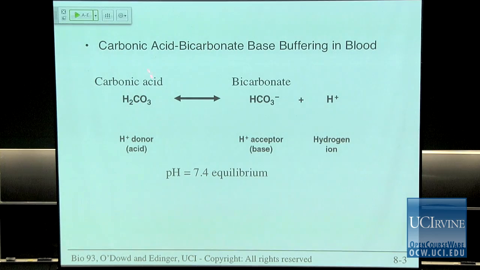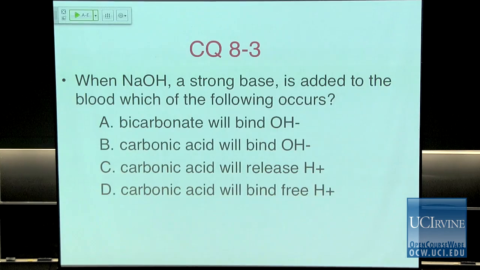Okay, at the end of the last lecture, I asked you a question. I said, well, what happens if I change the acidity of the solution? What happens to the buffering system? And I'm going to ask you a similar question this time, but it's sort of flipped on its head. When NaOH, a strong base, is added to the blood, which of the following occurs?